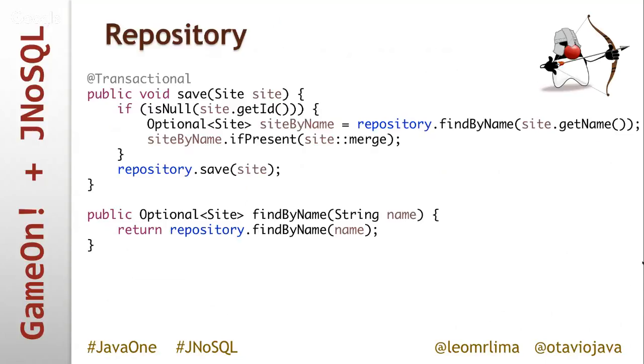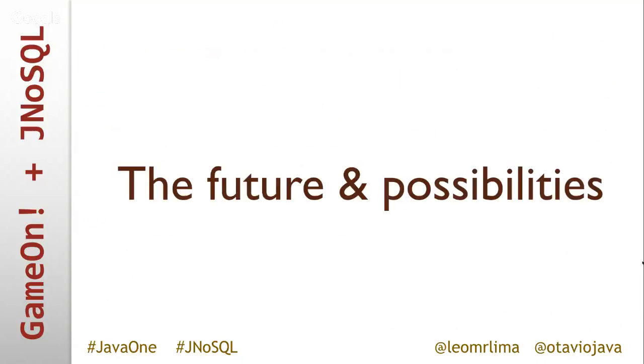And that's the power of having an API that is extensible. You don't lock people in beforehand on what they can and cannot do. So for example, here's a save method: we can do a find by name, and if it's present, I will merge what I had before, and then I just do a repository save, and the find by name can be just repository find by name if I want a method abstracting the repository.